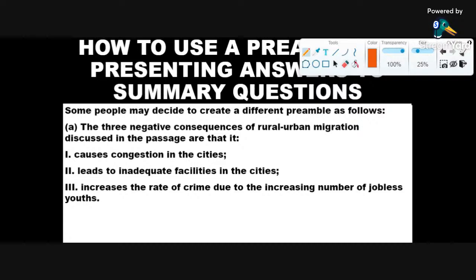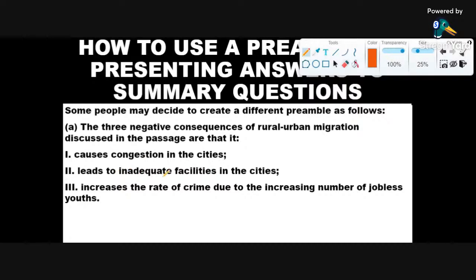The instruction is always one: in 2 sentences, in 3 sentences, in one sentence, in 5 sentences, in 6 sentences. And there is never a time you are asked to do any other thing than to present your answers in sentences. So when you present your answers in sentences, then this problem does not arise.